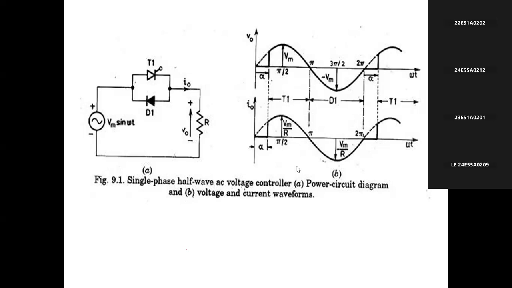You have to explain first positive cycle from 0 to pi, then negative cycle from pi to 2 pi.